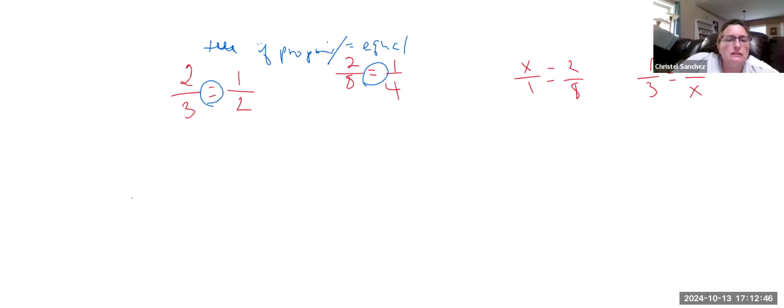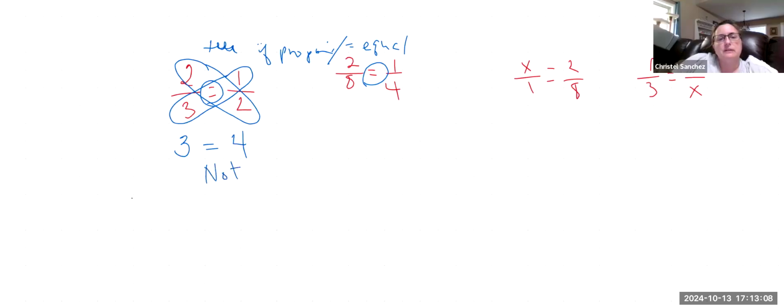So 3 times 1 is 3. 2 times 2 is 4. Does 3 equal 4? No. So this is not proportioned.